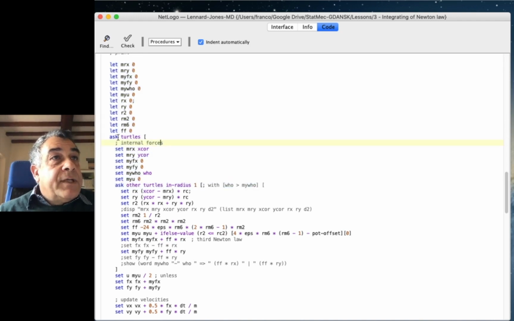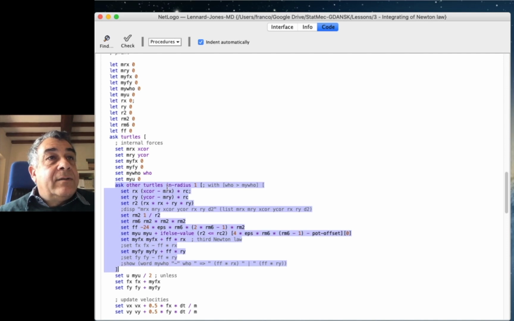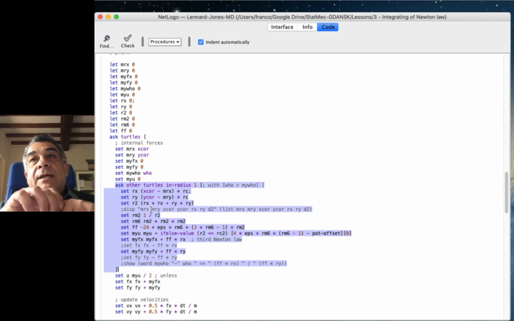For each turtle, I memorize the position of this turtle. So these are the temporary variables for computing the forces, and I also memorize the ID of this particle. Then I ask all other turtles in a certain radius. In this case, I don't have to check explicitly those that are inside the cells, because this is done automatically by NetLogo.